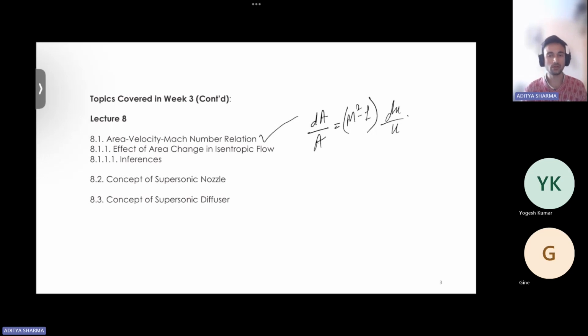Like in a nozzle, how the flow behaves when the duct is either convergent or divergent, or if we are using a convergent divergent nozzle. In such cases, this relation proves to be very useful.